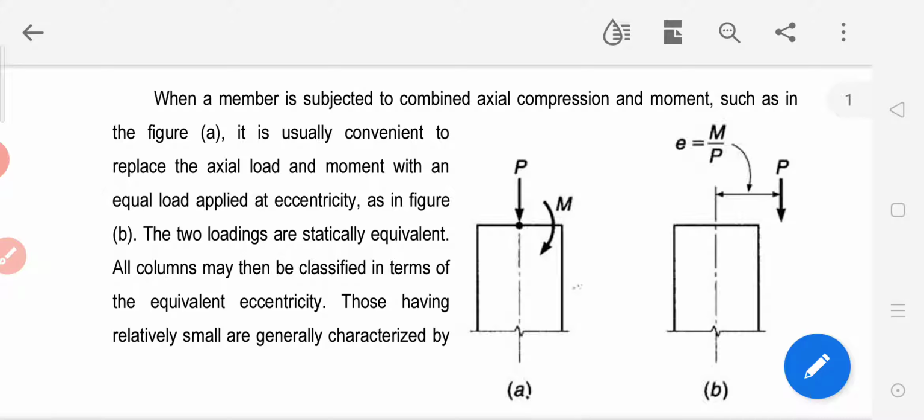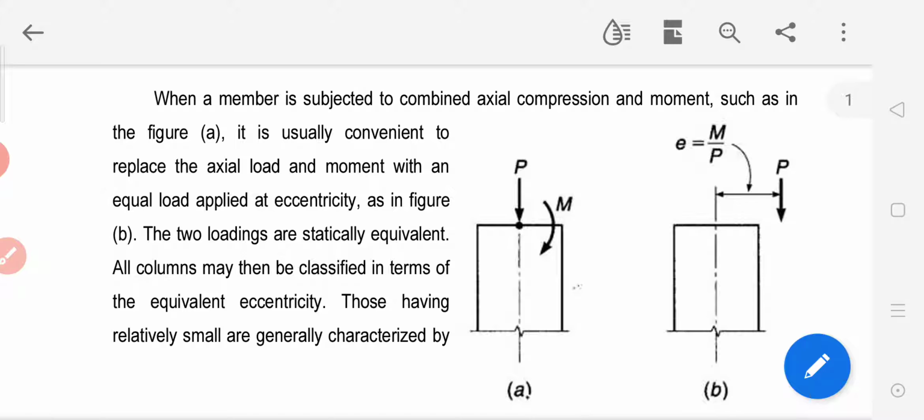This is the eccentricity e, which is M upon P. When a member is subjected to combined axial compression and moment, it is usually convenient to replace the axial load and moment with an equal load applied at eccentricity, as in figure B. The two loadings are statically equivalent.